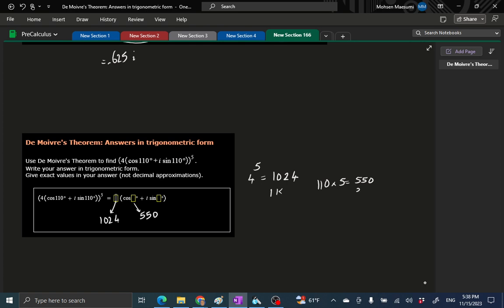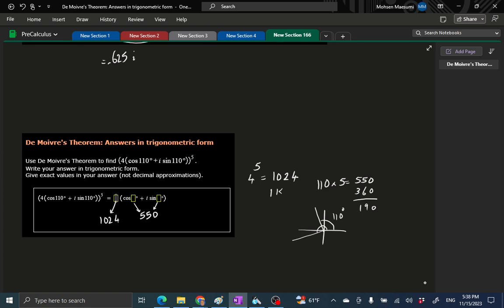If you wanted to simplify it, you can subtract 360 degrees from that and instead write 190 degrees, so we know where the angle is. The original angle is 110 degrees. If we repeat this 5 times, it comes out to 190 degrees.